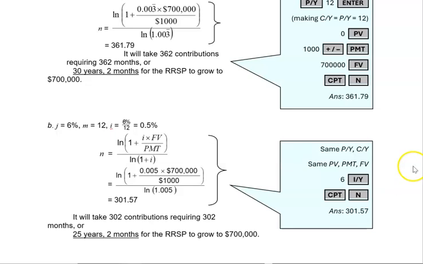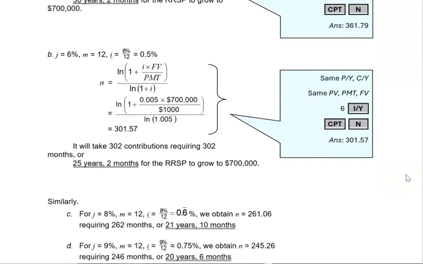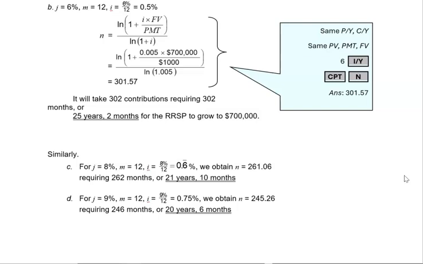For B, we change it to 6 IY. That gives us an answer of 302 months, or 25 years and 2 months. And then for C, we have 8 IY, and D, we have 9 IY. 8 IY works out to 262 months, or 21 years and 10 months.